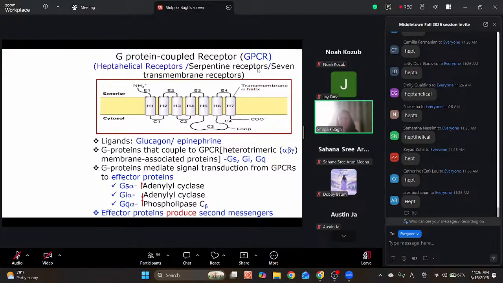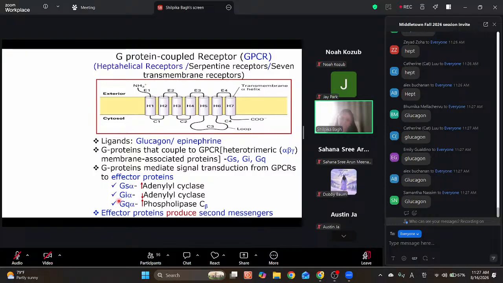Everything should flow in your mind. If you see a 7 transmembrane domain, heptahelical receptor, am I talking about insulin or glucagon? I'm talking about glucagon. First, the correct ligand, receptor, then which one: GS, GI, or GQ?